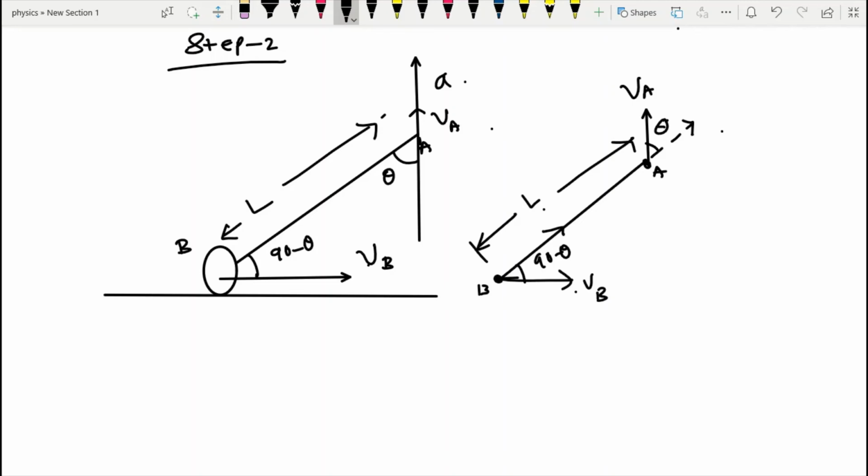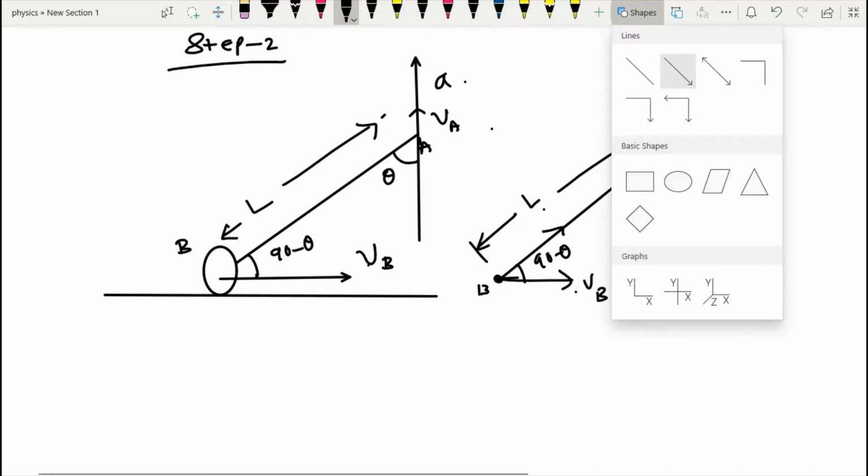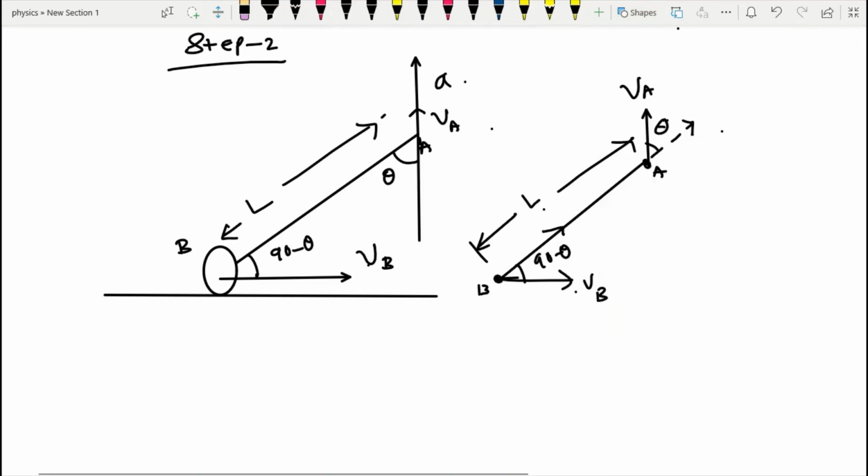The point is very important in solving this problem. So now I am going to take the component of velocity of VB along the thread. Just see the components of the velocities. I will draw the components of velocities.